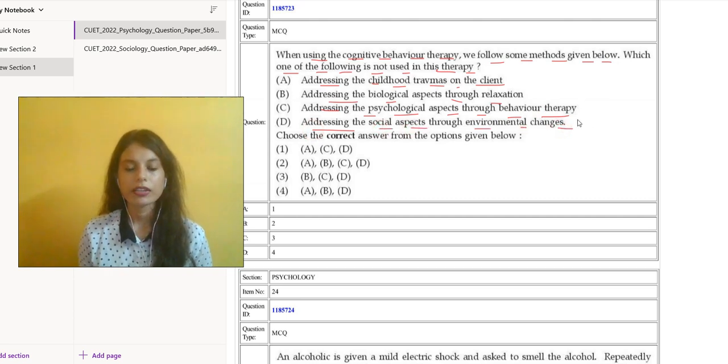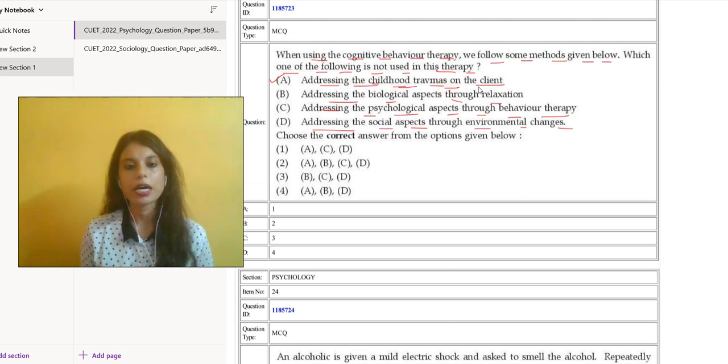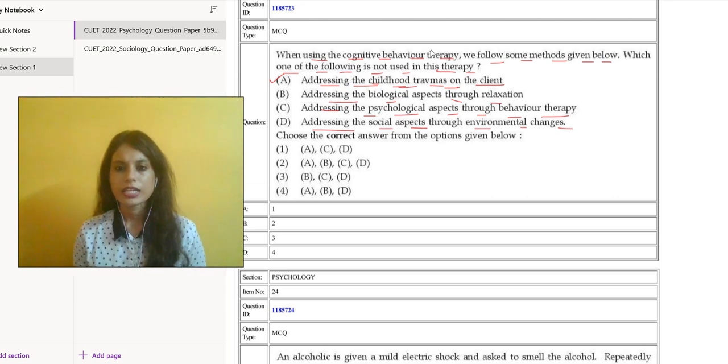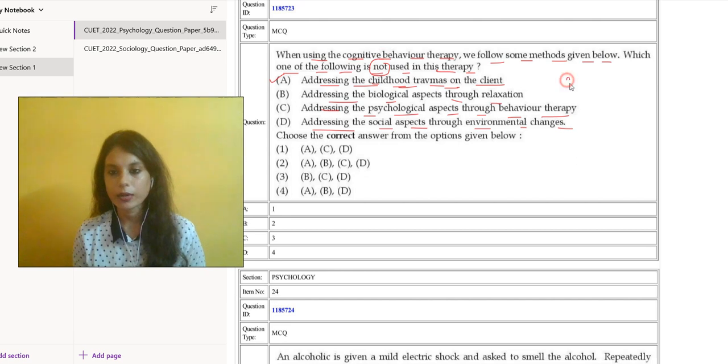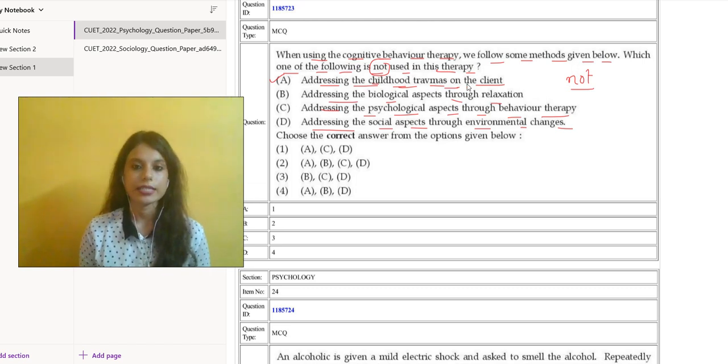Depending on this, we might go with option A, because it deals with addressing the childhood traumas of the client. So this is not to be used. While explaining, I just missed the point: something which is not used in this therapy is addressing the childhood traumas of the client.